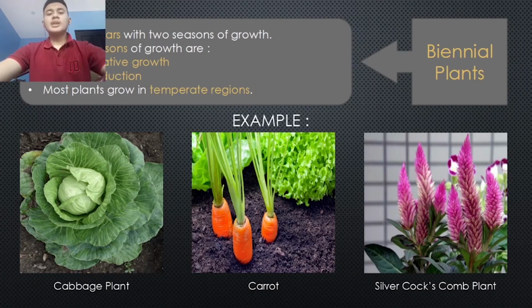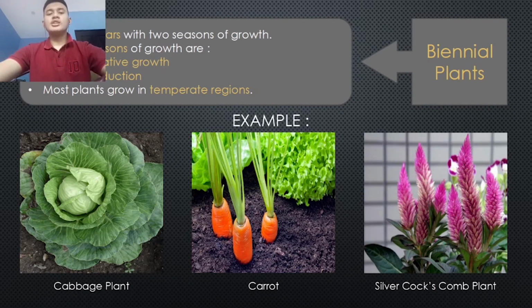The second type of plants is biennial plants. These plants take 2 years with 2 seasons of growth. The 2 seasons are vegetative growth and reproduction. Most biennial plants grow in temperate regions.